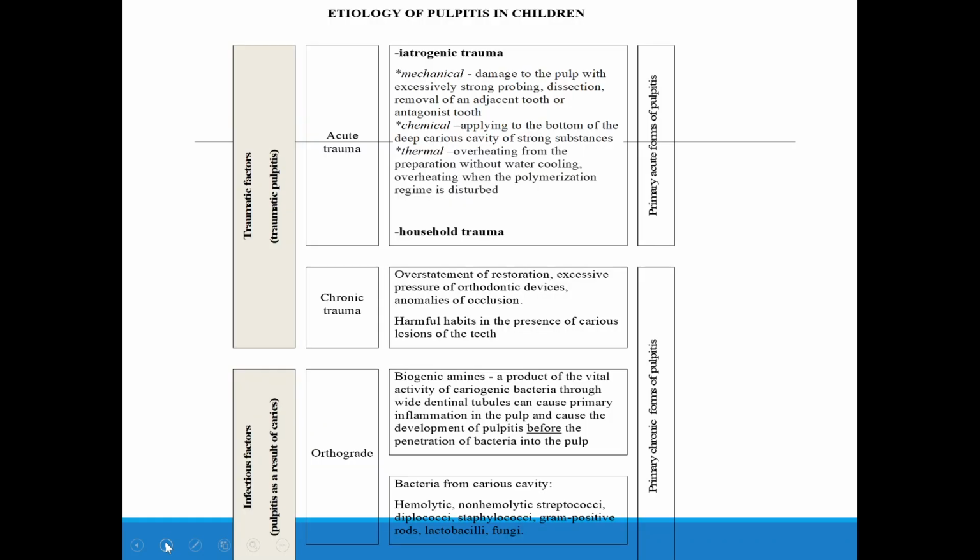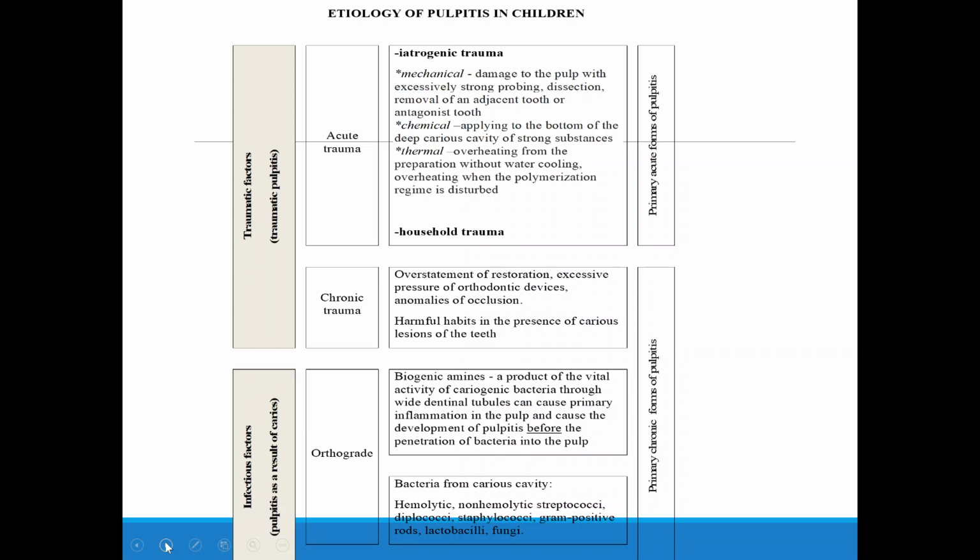If we speak about the etiology of pulpitis in children, the most prevalent reasons are acute trauma, chronic trauma, orthograde, and retrograde.